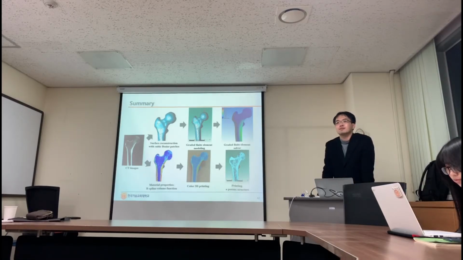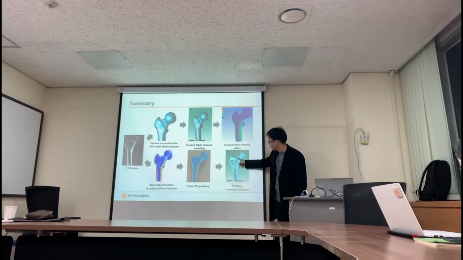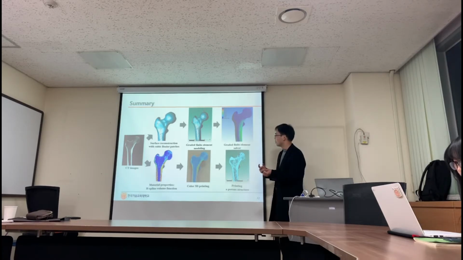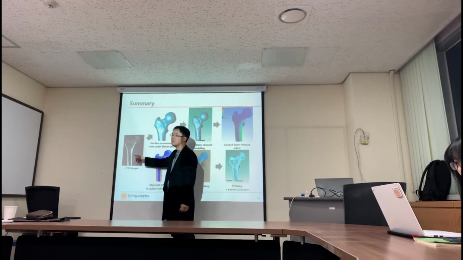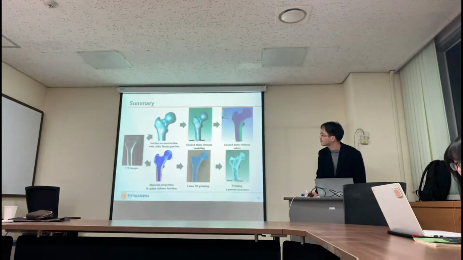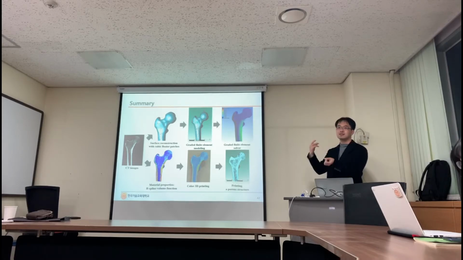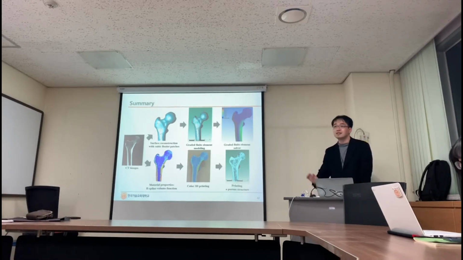You mentioned that to create the porous structure, you use a probability function for the density. What is the probability function based on? Actually, real bone looks like this. This part has very low density in real bone. In this image, the white means very high density, and the black part means very low density.